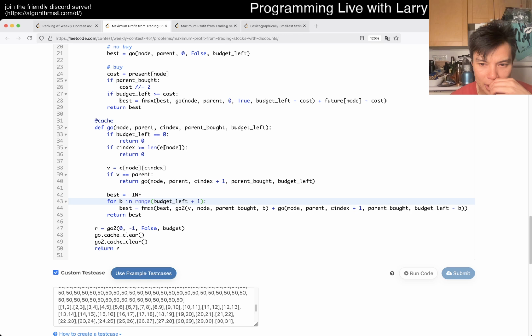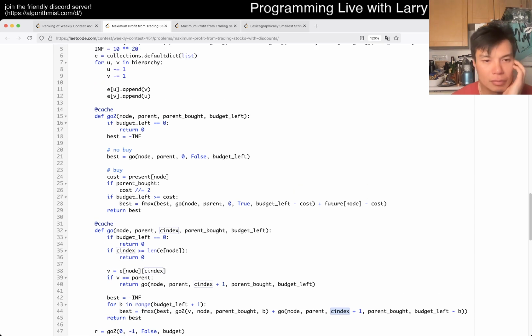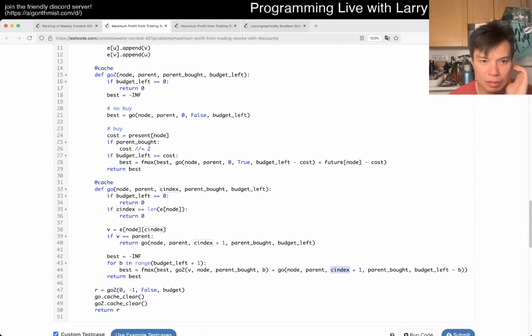What can I otherwise optimize? This, and this is going to be a pound port. Well, there's a loop here.